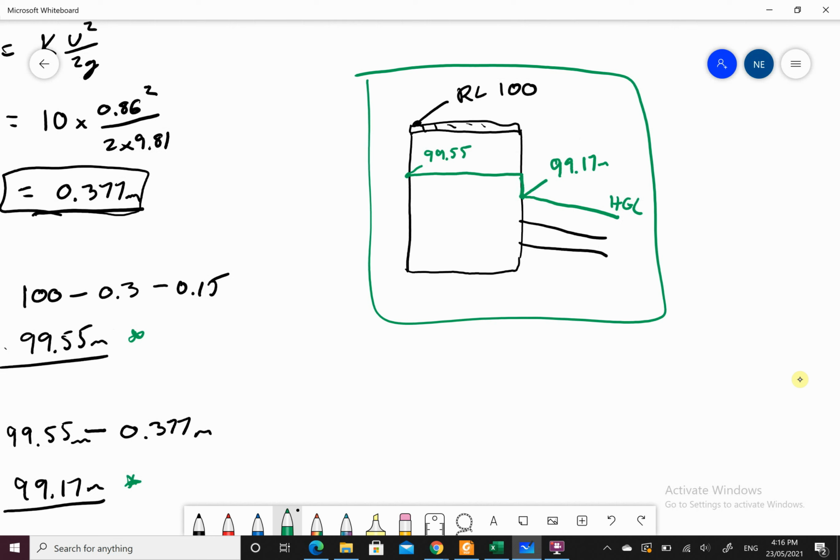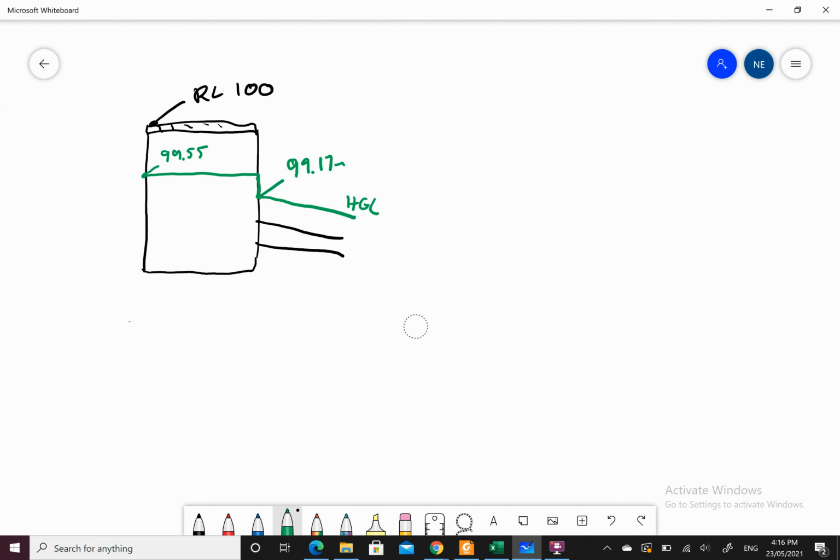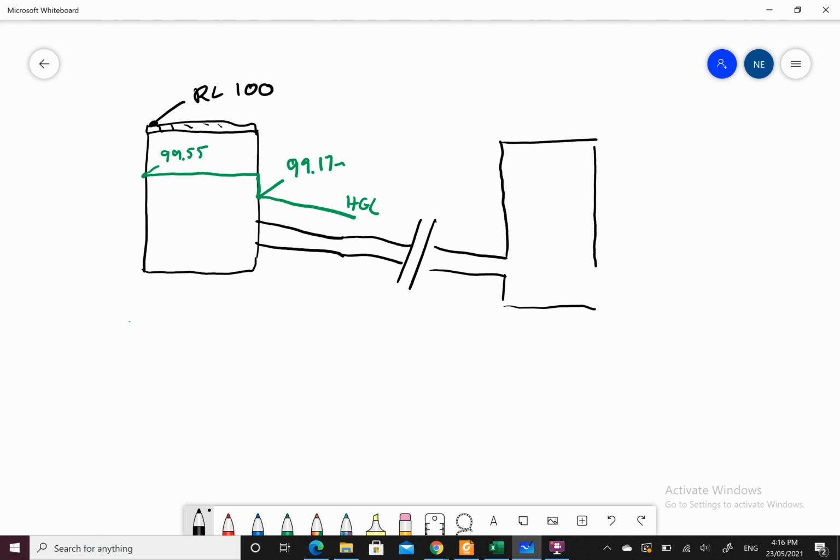But what I need to work out is this will obviously connect to another pit somewhere down the line, so it will keep going into another pit, or to pit 2, and so on and so forth.